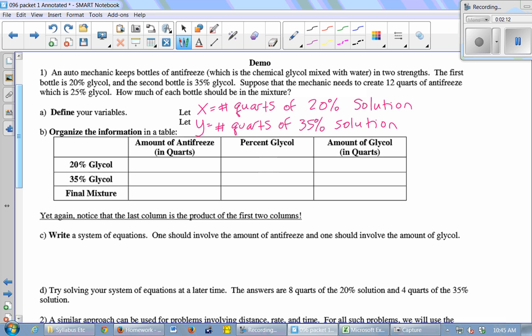And so how did I decide what my variables represent? I could pick any x or y, and in fact, I think in your packet they picked L and H. Doesn't matter. But how did I decide what to let my variables represent?